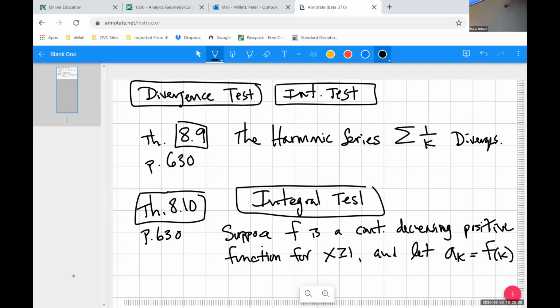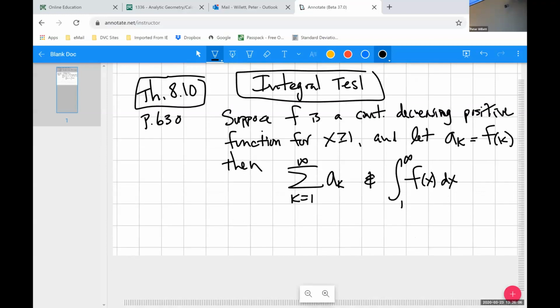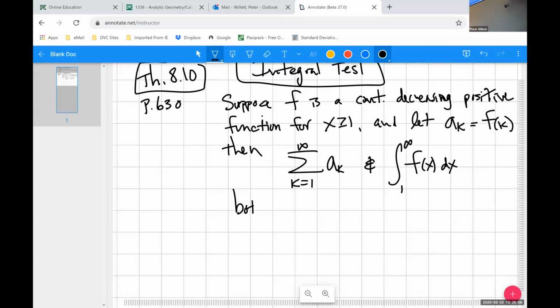And this will again be k being a natural number. Then the infinite series, as k goes from 1 to infinity of the a sub k's, and the improper integral from 1 to infinity of the function both converge or both diverge.